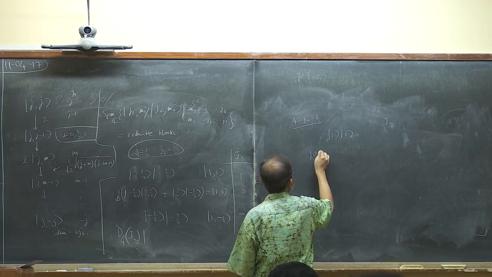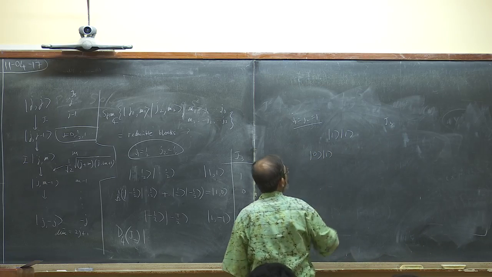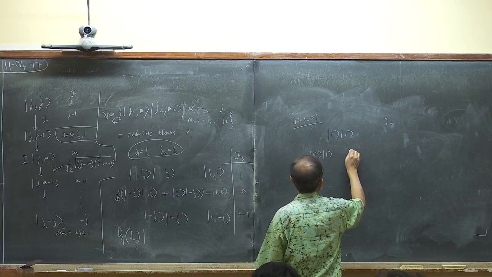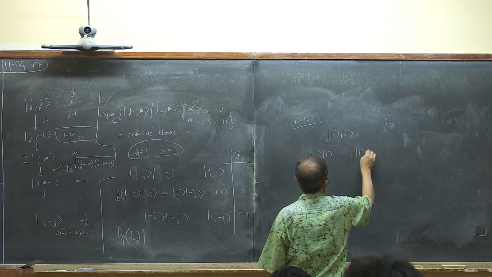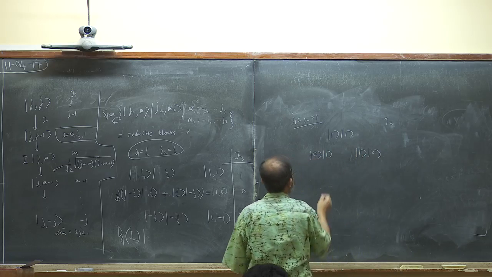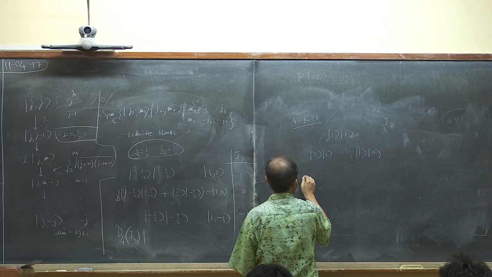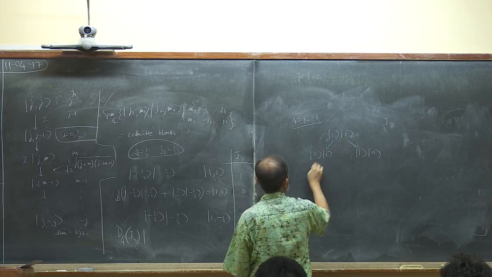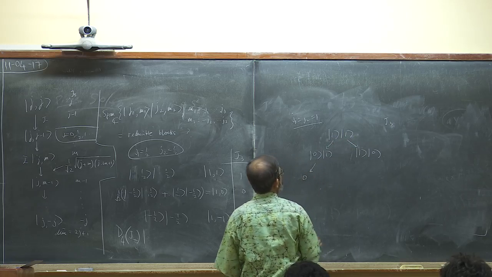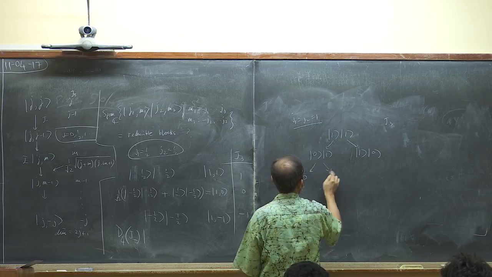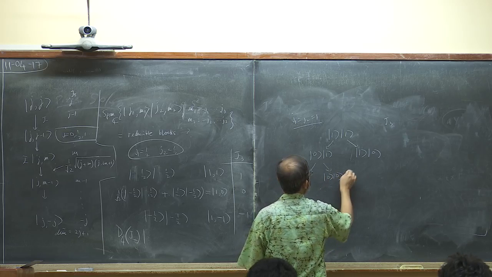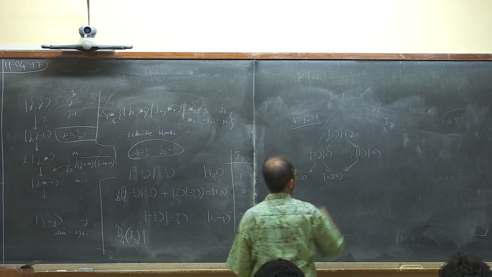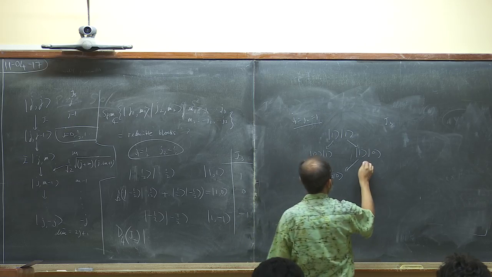This is 0, 1, 0, and this will be 0, 0. This is 0, 0, and 0, 0 can also appear from here.